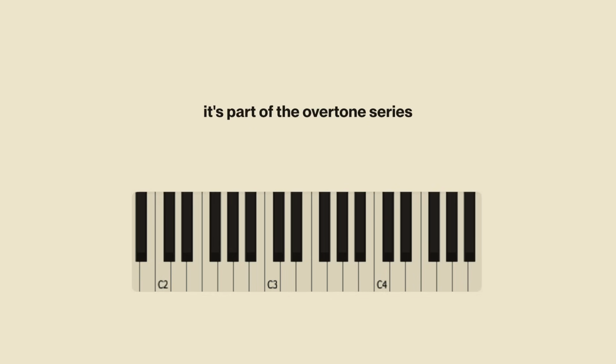It's part of the overtone series in the bass note. We're getting a subtle hint of the fifth within the bass note, so it's not as important to add it in the chord. And we can add it, but it's not necessary.